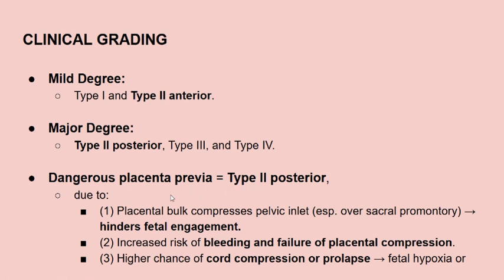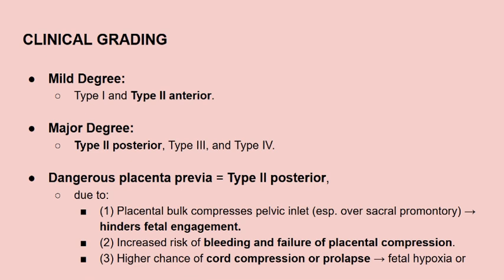But for type 2 posterior, where it hasn't encroached the internal os but the placenta location is posterior, that presents with some problems, as I'm explaining now. Because they are posterior, the placental bulk can compress the pelvic inlet, so it will prevent the fetus from engaging. Later on, we'll talk about how there are high presenting parts in examination of placenta previa patients.